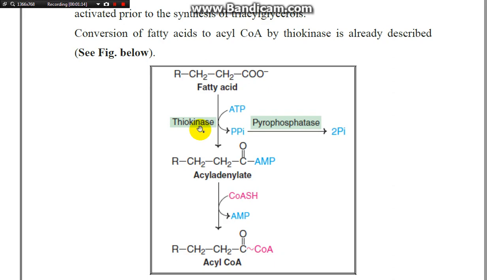There are three types of the thiokinase: one for fatty acids from 10 to 20 carbon atoms, one from 4 to 12, and one for fatty acids of 3 or fewer carbon atoms.